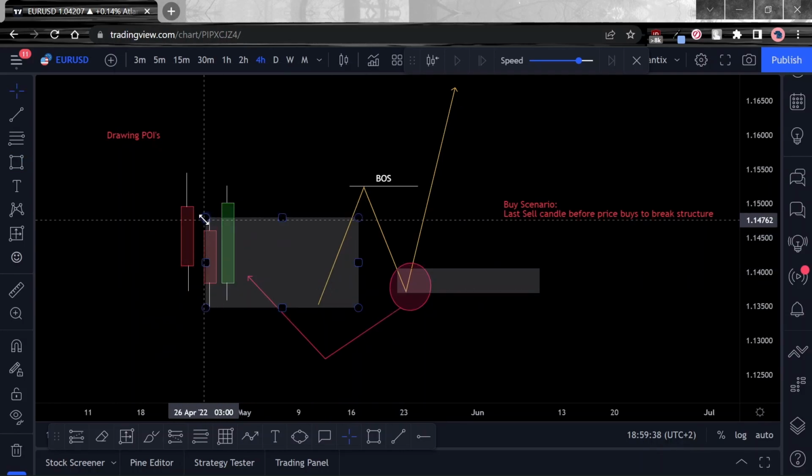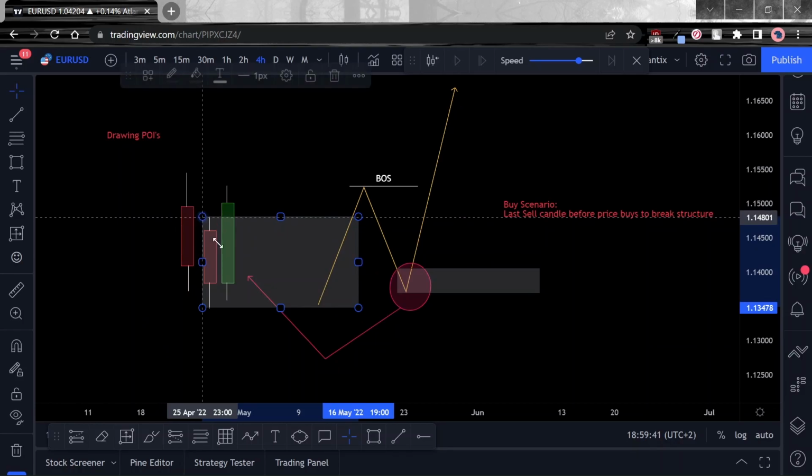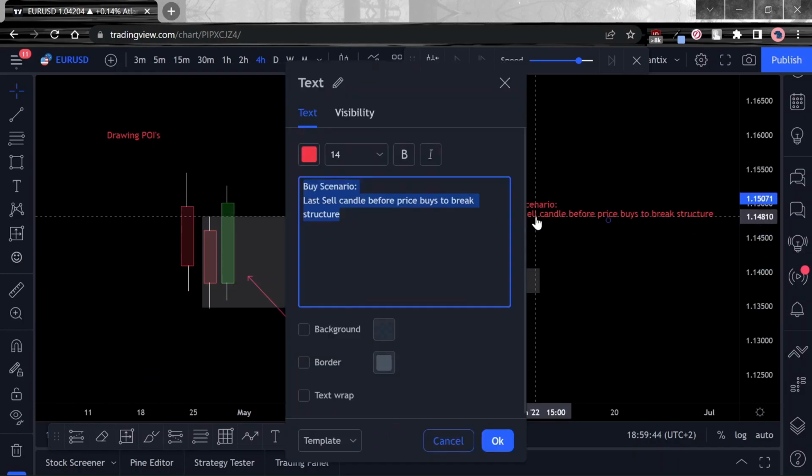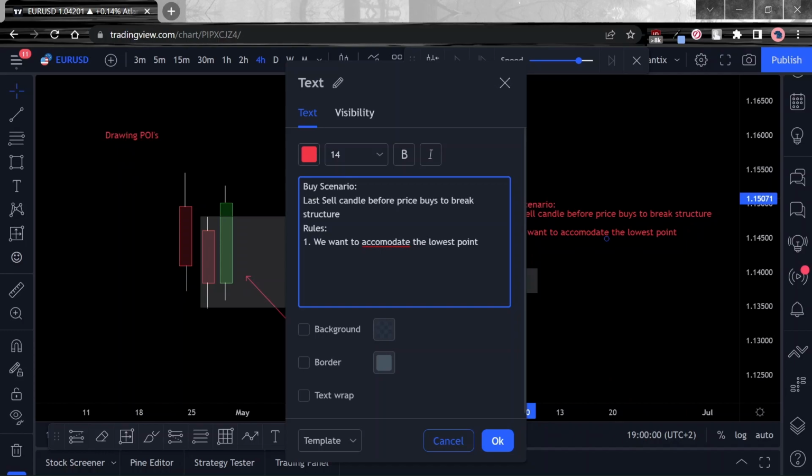All right, generally speaking, we want to make sure that we accommodate, let's just type rules. Number one, we want to accommodate the lowest point that the market went before it reversed.